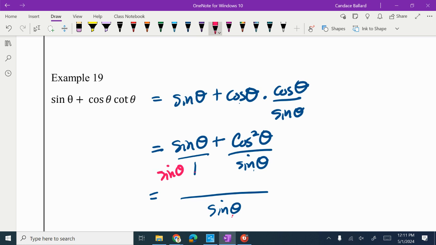We're doing the same algebra and the same arithmetic we've always done, but now there's trigonometry in it, okay? So if I multiply the bottom by sine, I also have to multiply the top by sine, right? That's the rule to make an equivalent fraction. What's sine times sine? Sine squared theta, good. This second one is already over the common denominator. So do I need to do anything to mess with it? No. Plus cosine squared theta.